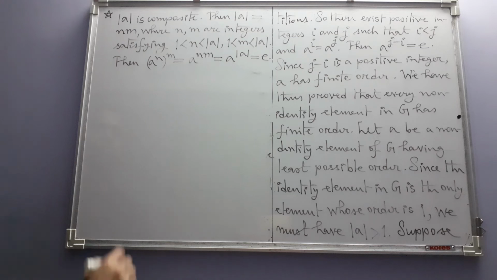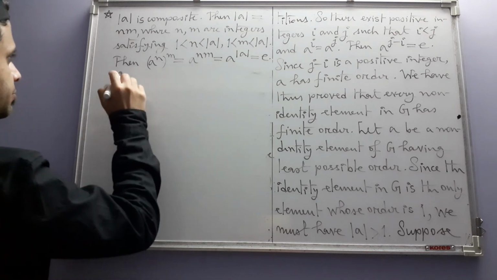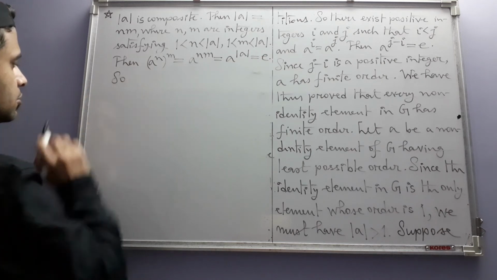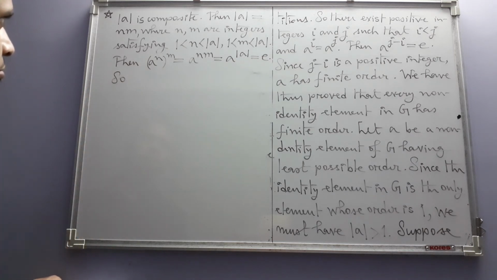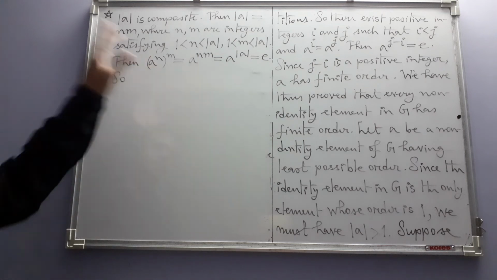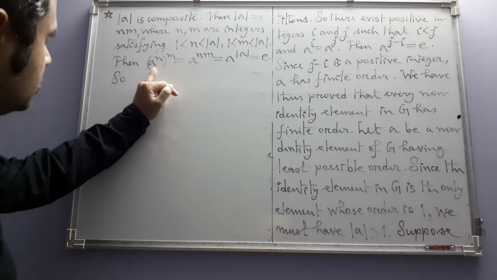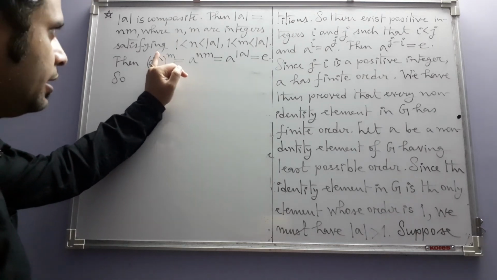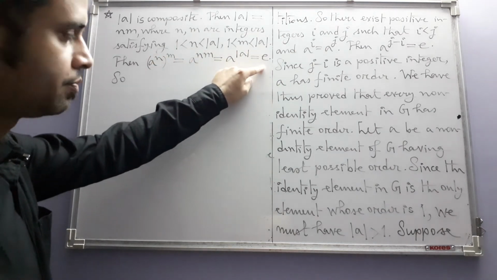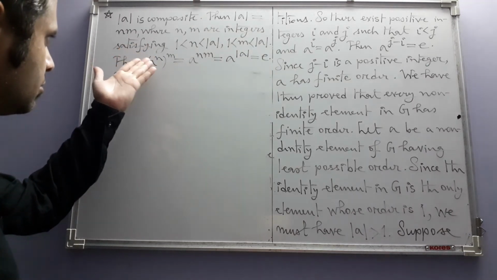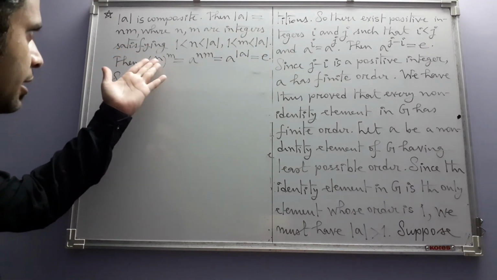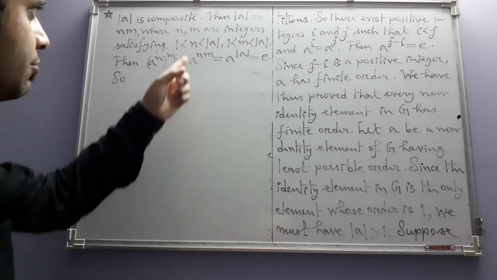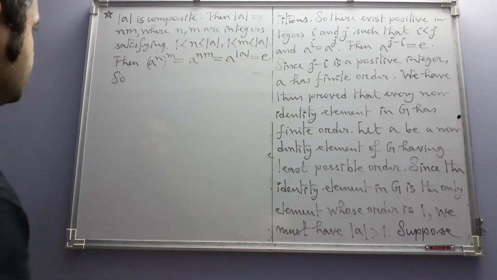Okay. So now you look at this equation. The mth power of the element a to the power n is identity. So the order of a to the power n is less than or equal to m, because m itself is a positive integer.